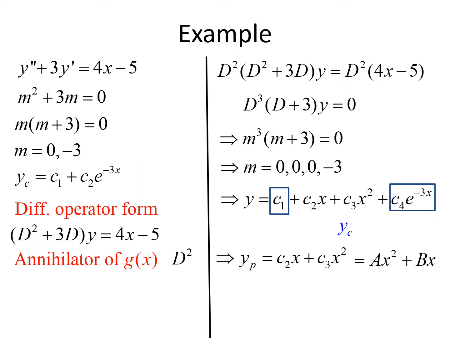Now we're going to use the method of undetermined coefficients to figure out what the a and the b are to find our particular solution. All right, so we're going to take the form of our particular solution, ax squared plus bx, and we're going to take its derivatives. So yp prime would be 2ax plus b, and yp double prime would be 2a.